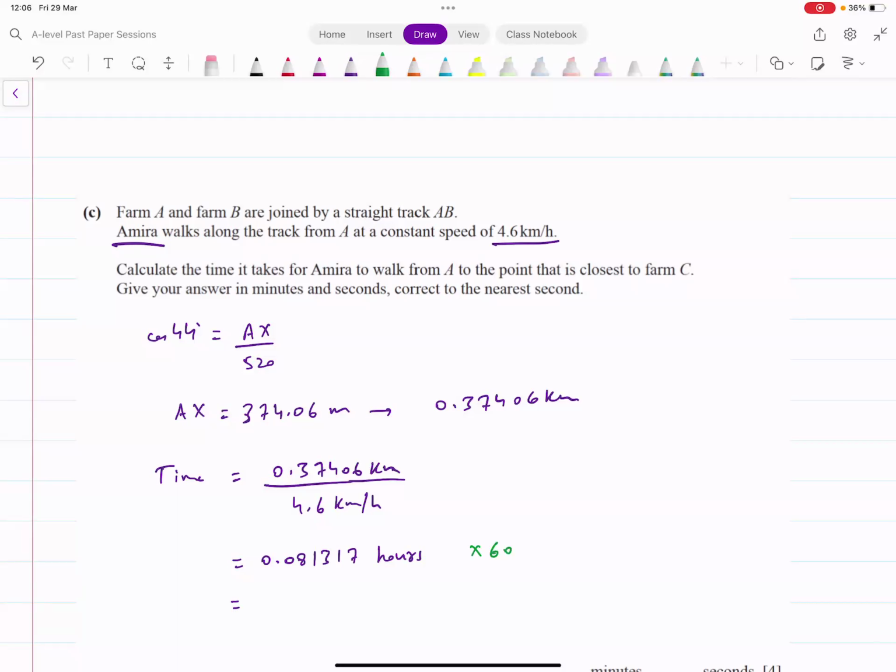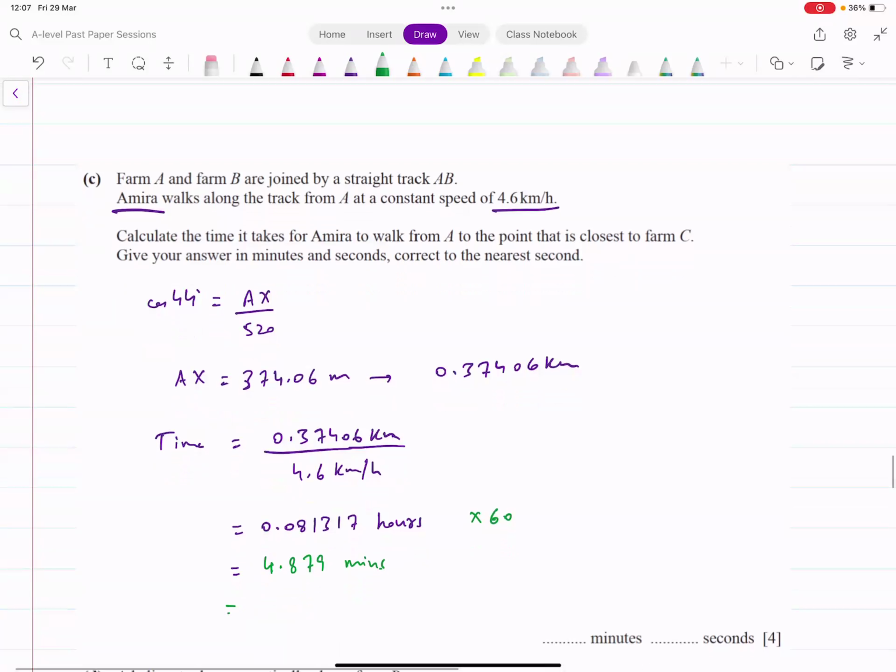What does that give us? Multiplying that by 60 gives us 4.879 minutes. Now we want to convert it to seconds as well. So it's going to be 4 minutes and 0.879 multiplied by 60 seconds.